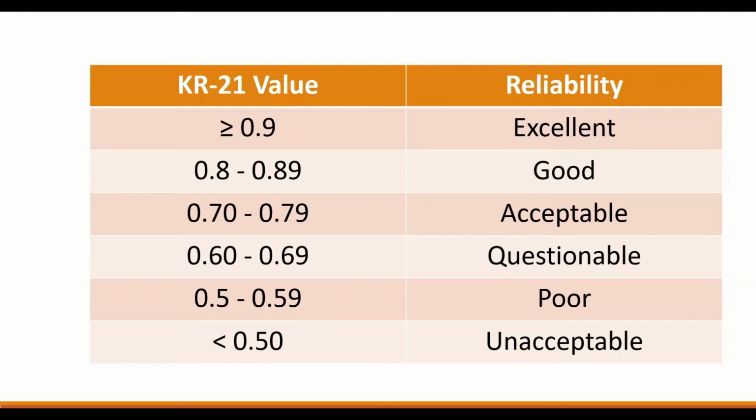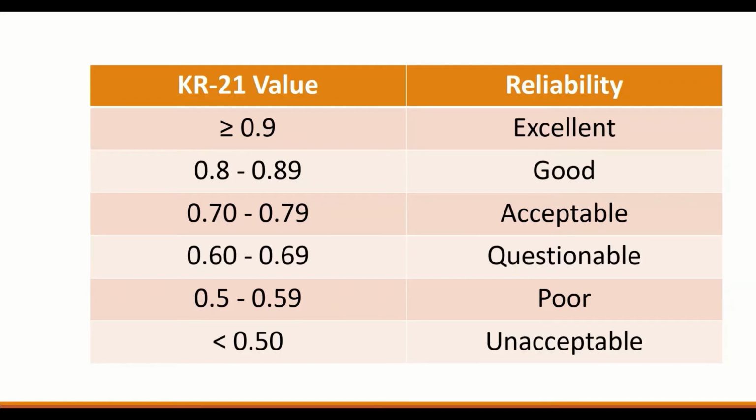A KR21 value between 0.8 and 0.89 is considered good reliability. A test will have an acceptable reliability when the value for KR21 is between 0.7 and 0.79, and a questionable reliability when the value ranges between 0.6 and 0.69.